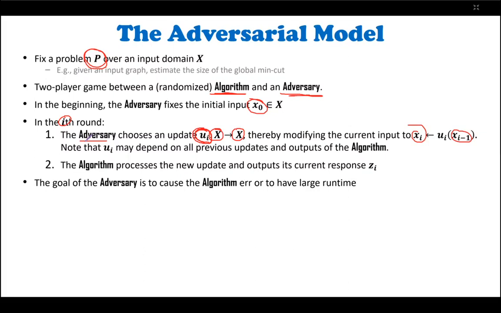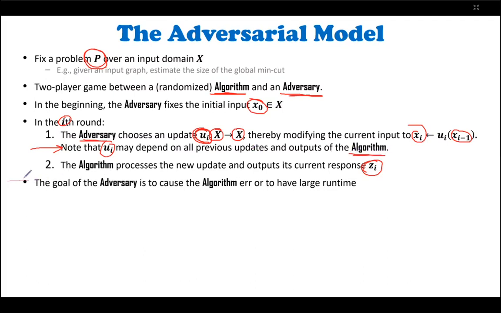So the adversary specifies this input update Ui, the algorithm gets it, processes it, and responds with its next response Zi. And like we mentioned, the issue is that the adversary's choice for the next Ui can depend on all of the interaction so far between the adversary and the algorithm.